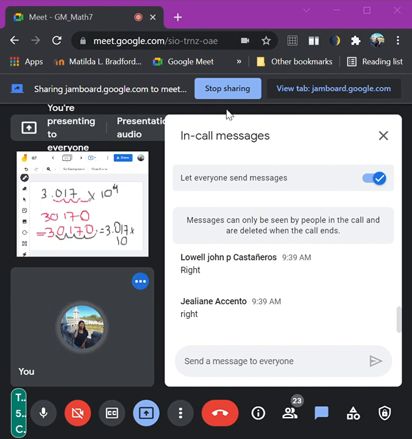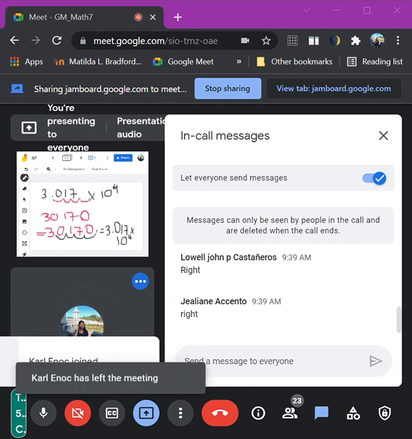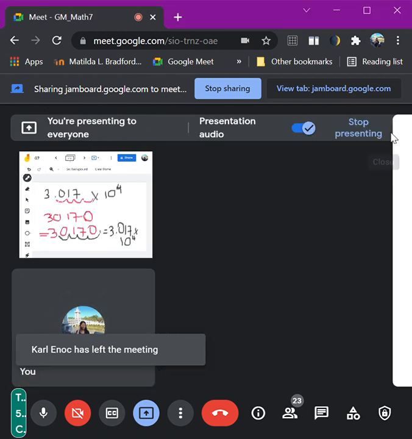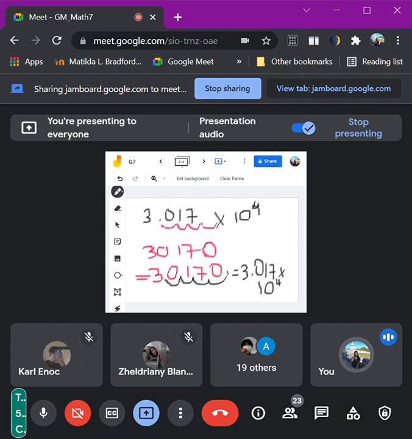Positive or negative? Positive. Because our movement is to the left and the given is from a decimal point. Okay? Understood, class? Very good. So no questions.